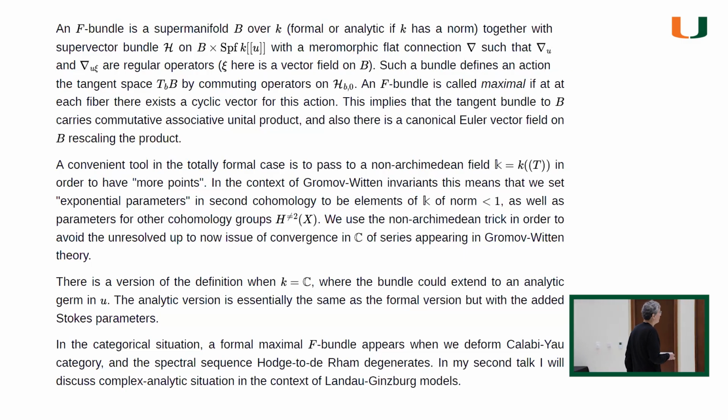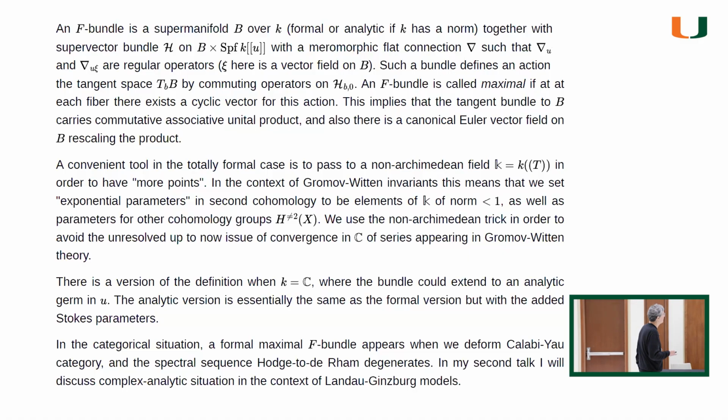There's some special care about second homology: the exponential of coordinates, and not usual coordinates. That's really just a trick in order to avoid the question of convergence over complex numbers, which is still unsolved, but we believe it's true. That's why we have to use tricks to prove some theorems; otherwise they would be hypothetical results. It's really just a technical trick at the moment. It's nothing deep here.